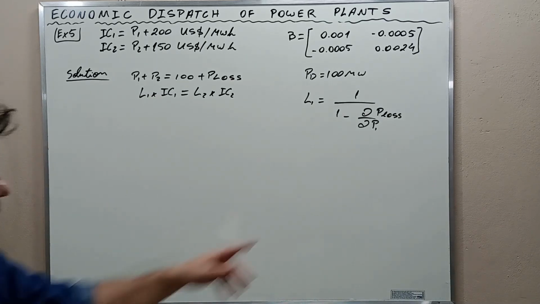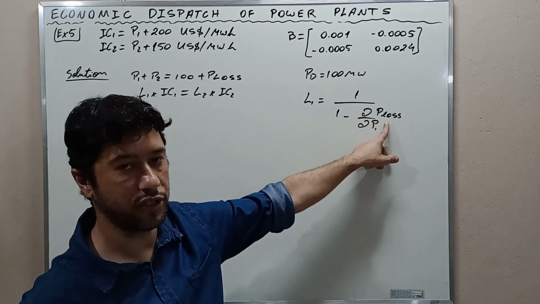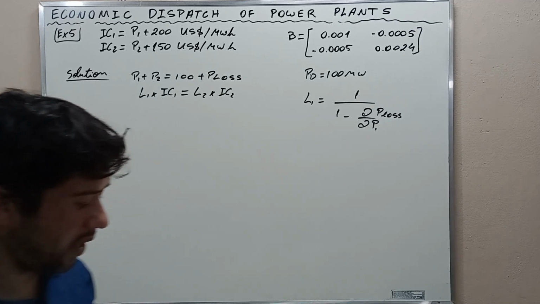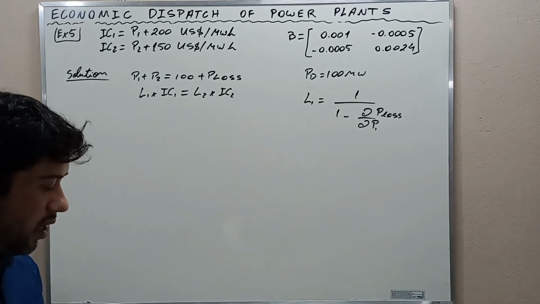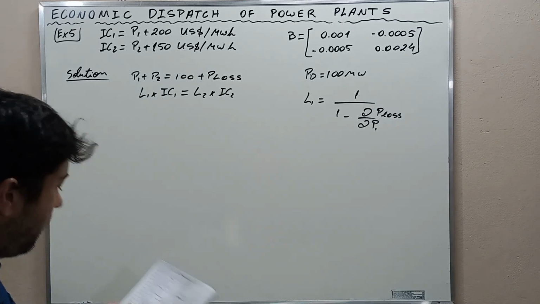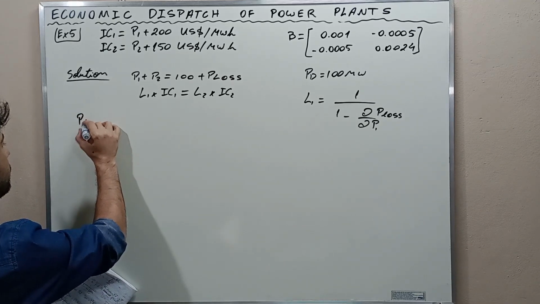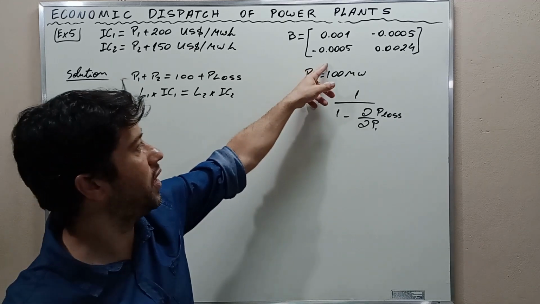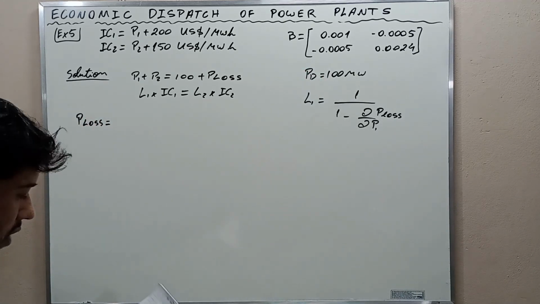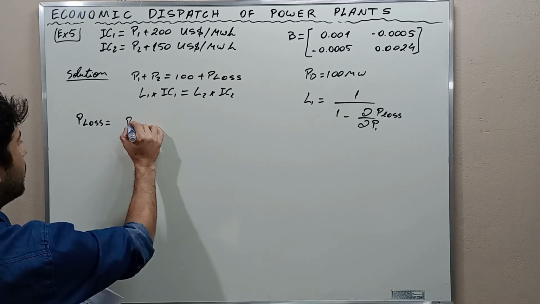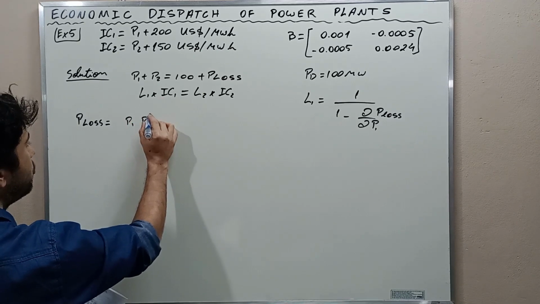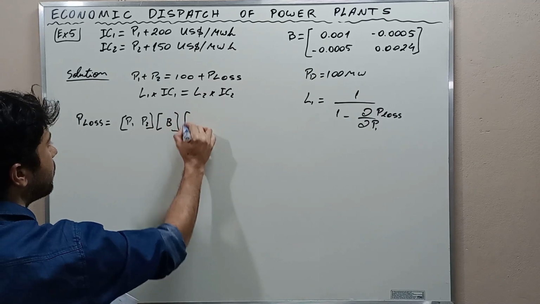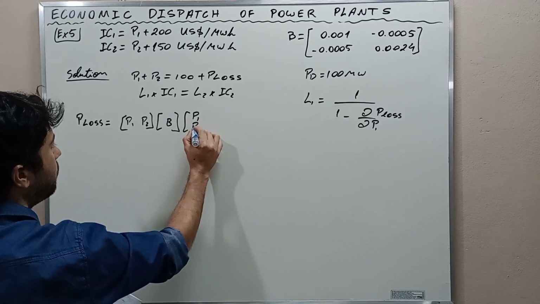And as it is a function of the level of losses, we have to find an expression for the power lost. P loss will be equal, as we said, to this expression here: P1, P2, B, P1, P2.